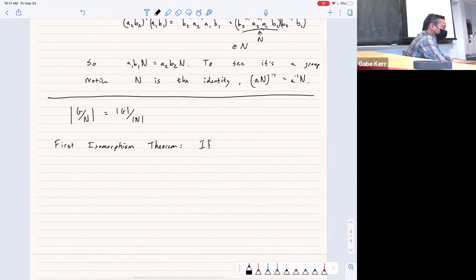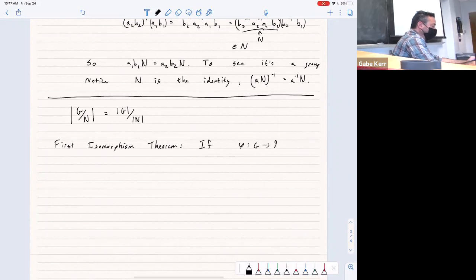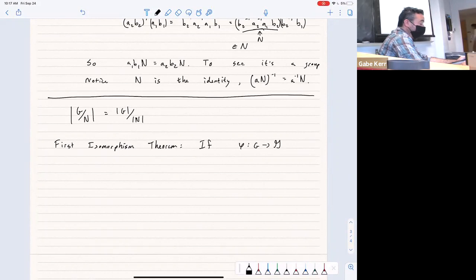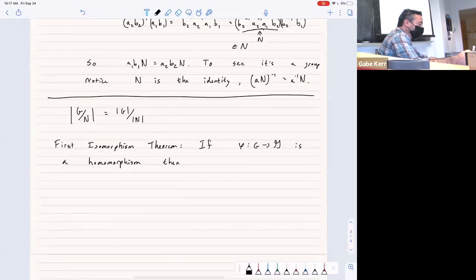It just says, if I have a relationship, say from G to G tilde, given by a homomorphism, then the image group is a subgroup of G tilde.